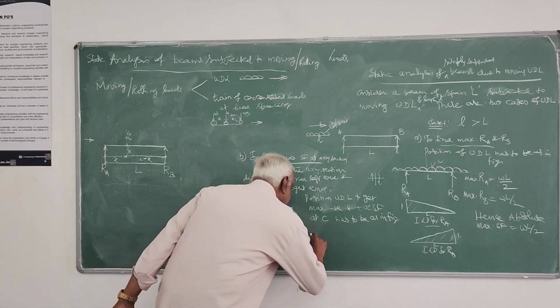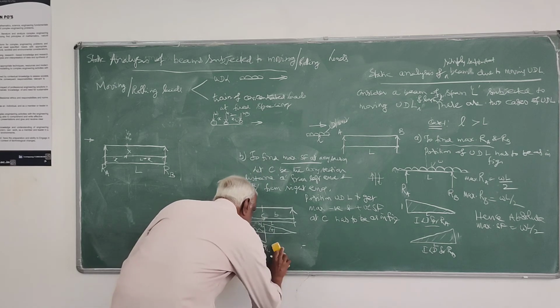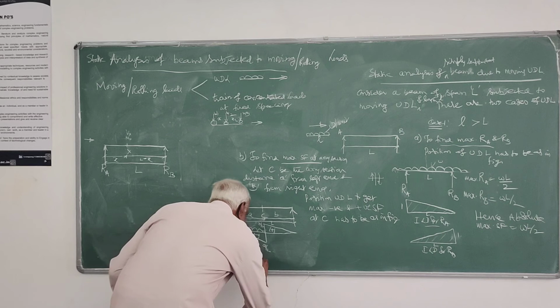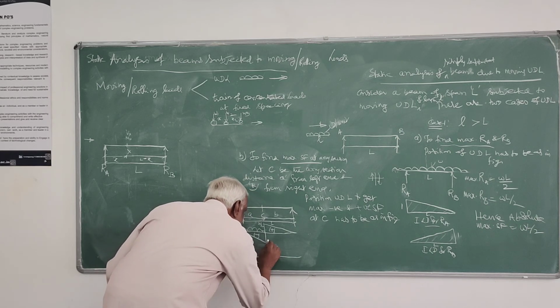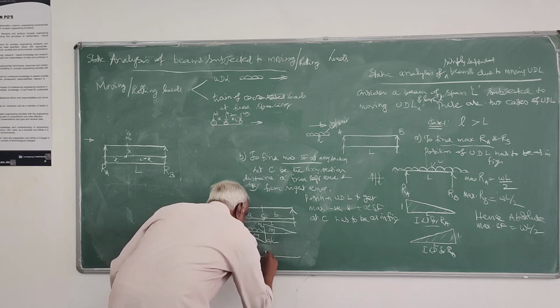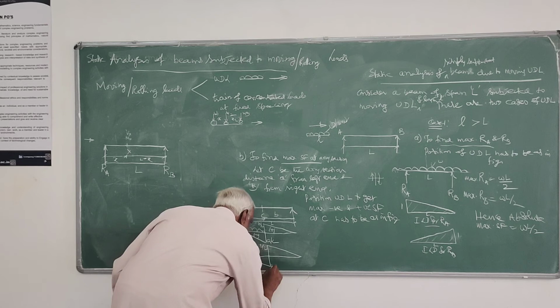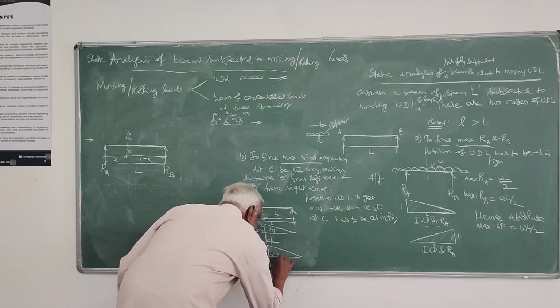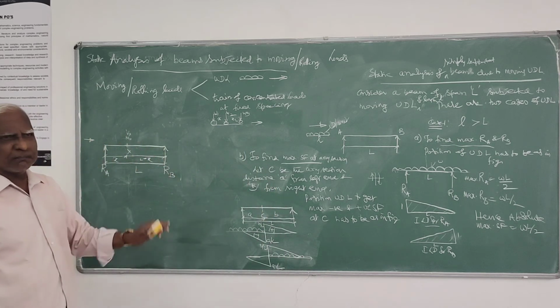For getting maximum positive shear, it is the other way. This is A by L, this is B by L. I have to place the UDL like this to get maximum positive shear.